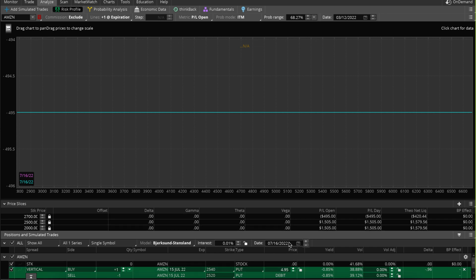So if at expiration date Amazon is trading for $2,000, you see our profit would be $1,505, which would also be what our profit would be if at expiration Amazon was trading for $2,500. So obviously, our max profit potential for this $500 trade would be $1,500. Our maximum risk would be the money that we put in, which is $495.